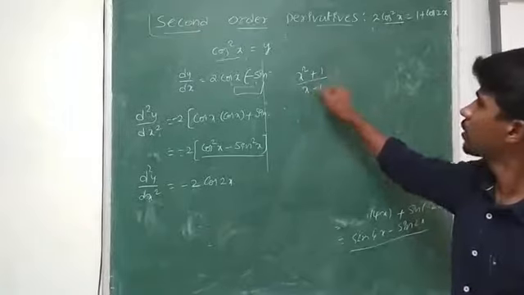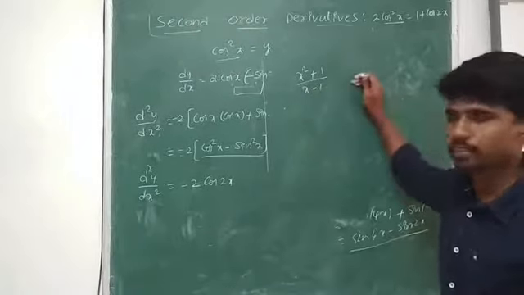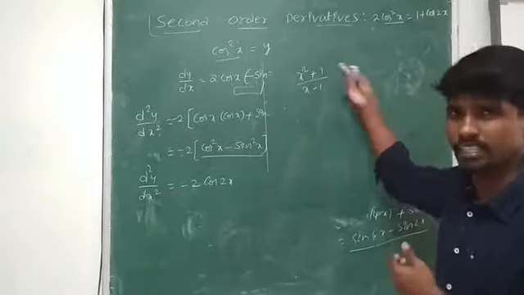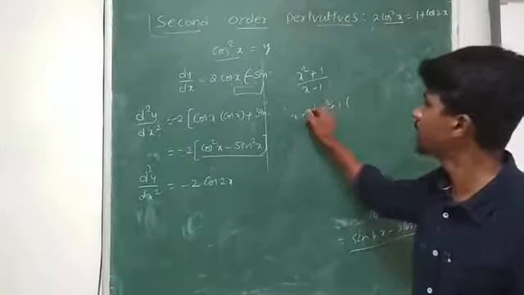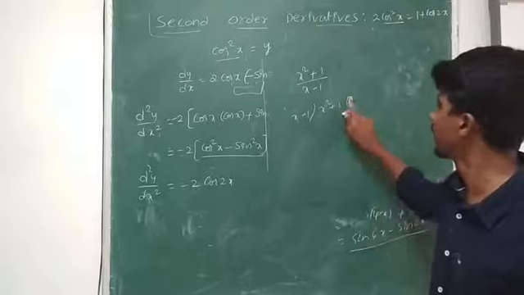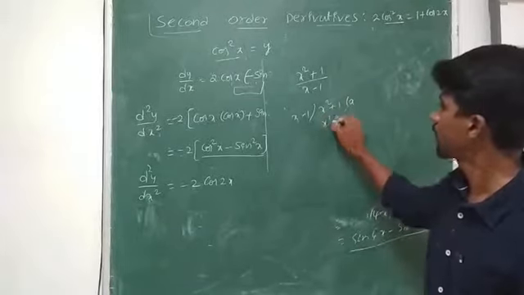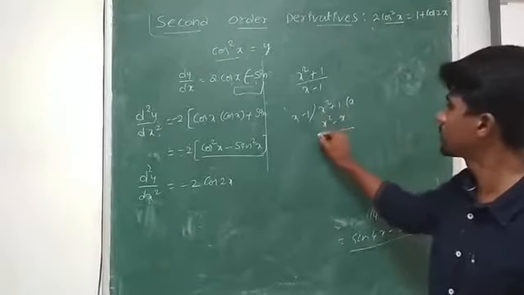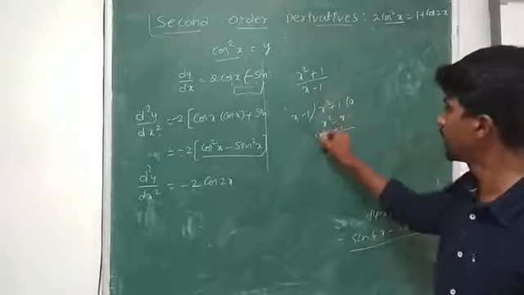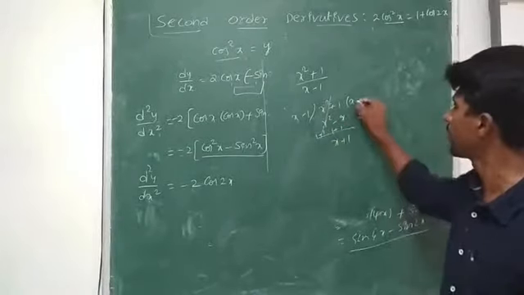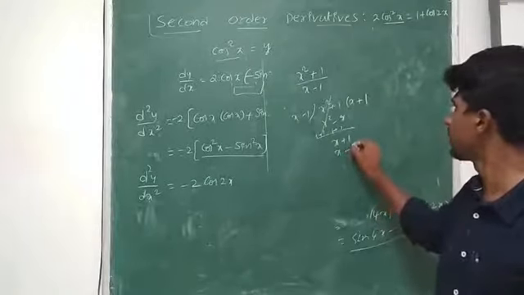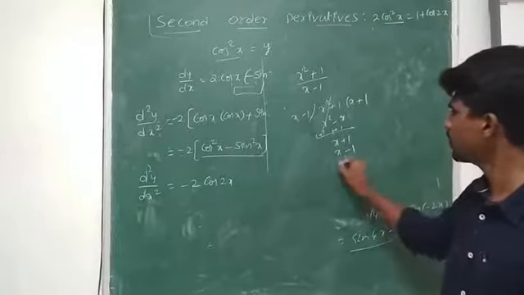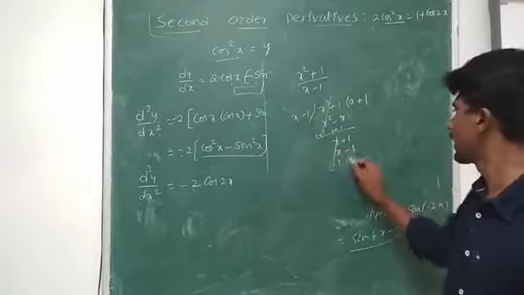Now x square plus 1 by x minus 1 can be written as, first you do division. x square plus 1, I am dividing by x minus 1. So x times x minus 1 gives x square minus x; subtracting, I get x plus 1. Next, again plus 1 into x minus 1, minus this, so what I get is 2.